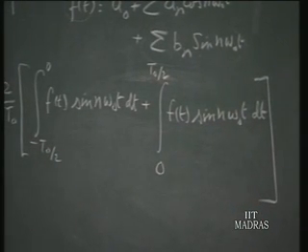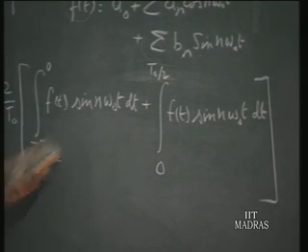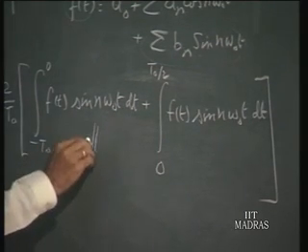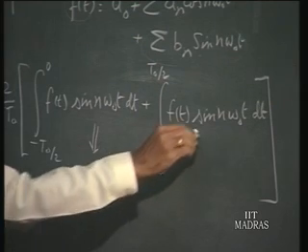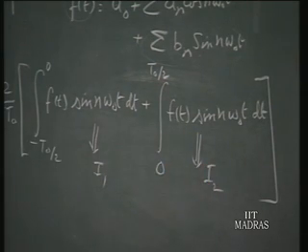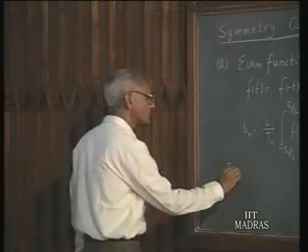Now we are going to show presently that this integral will be exactly the negative of this, therefore Bn will be 0. To do that, let me call this integral I1 and this as I2. Our goal now is to show that I1 is the negative of I2. So let me evaluate I1 separately.